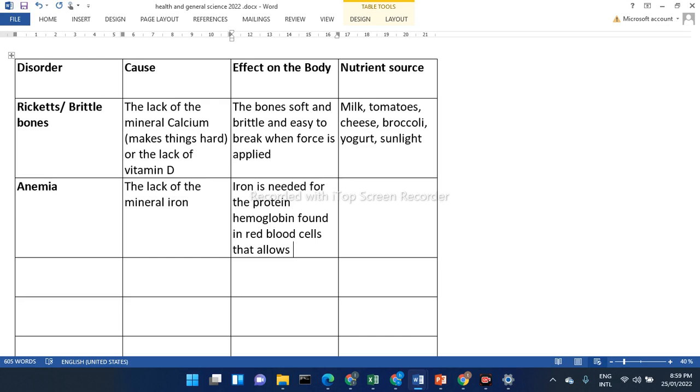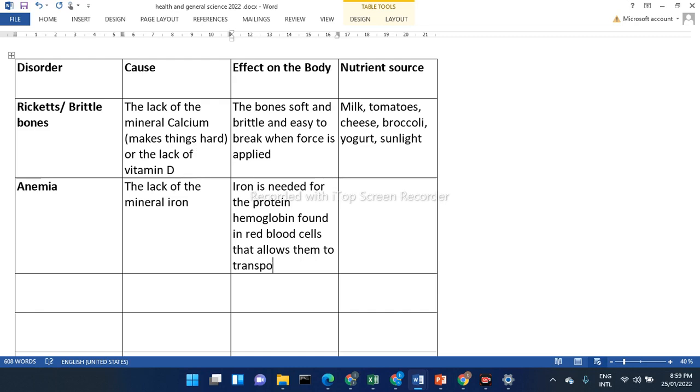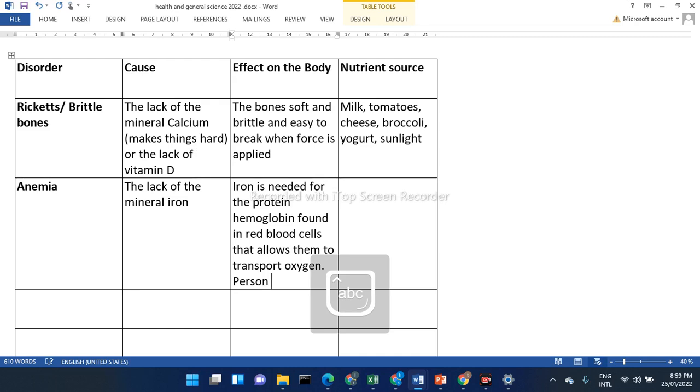But iron is needed for the protein hemoglobin found in red blood cells that allows them to transport oxygen. Now, if you're low in iron, persons are often short of breath.